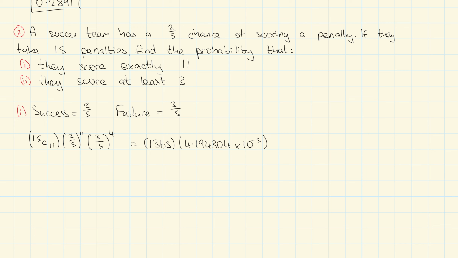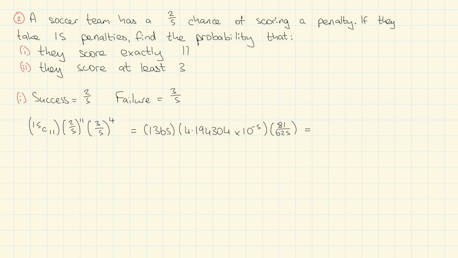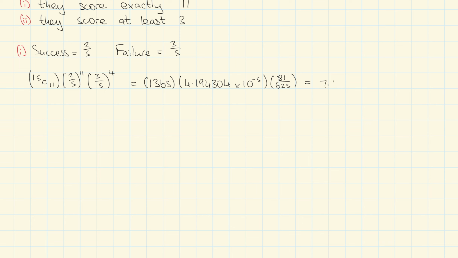And then we have 3/5 to the power of 4 gives 81 over 625. 3 of those into the calculator, 1365 multiplied by 4.194304 by 10 to the power minus 5, multiplied by 81 over 625 gives 7.419891548 by 10 to the power minus 3.